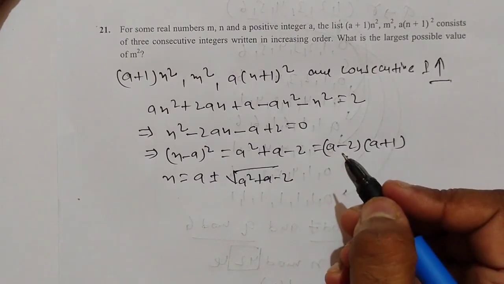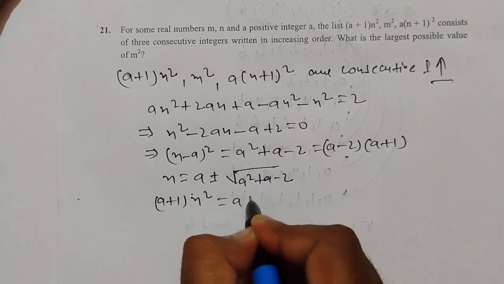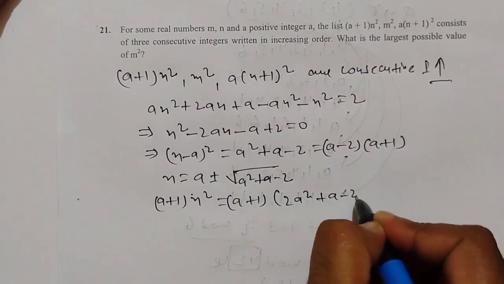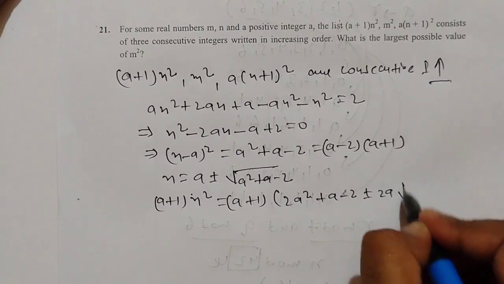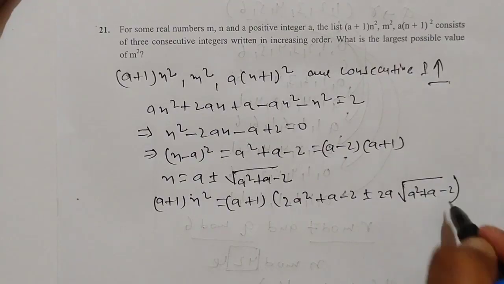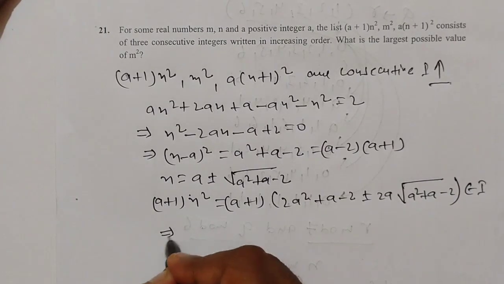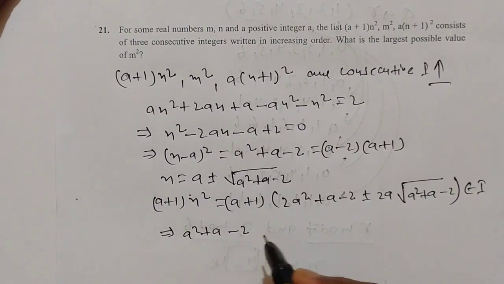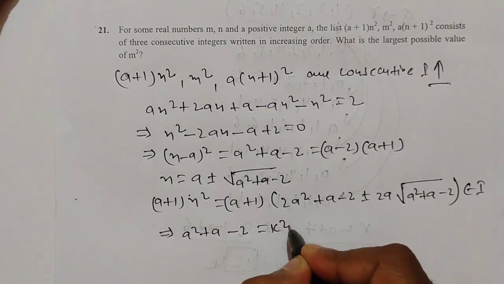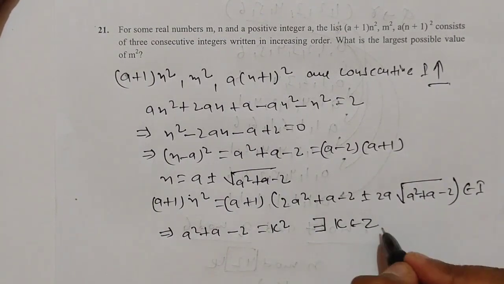Now here we have a plus 1 into n square is equal to a plus 1 into 2a square plus a minus 2 plus minus 2a square root of a square plus a minus 2, and this is for integers. And also we have a square plus a minus 2 is equal to k square, and this is for k belongs to integer.